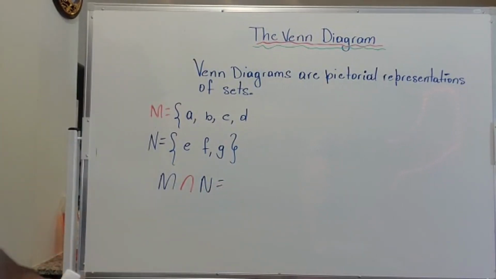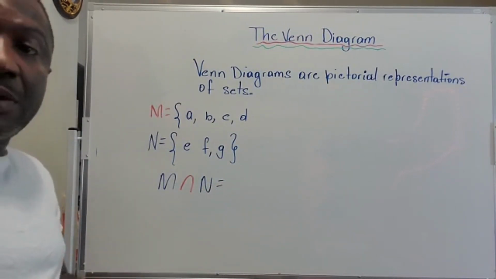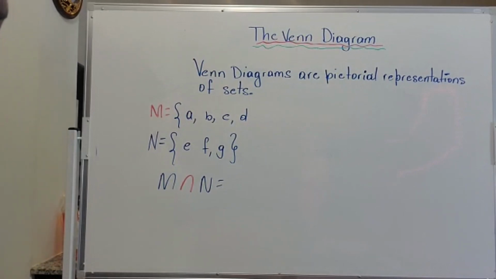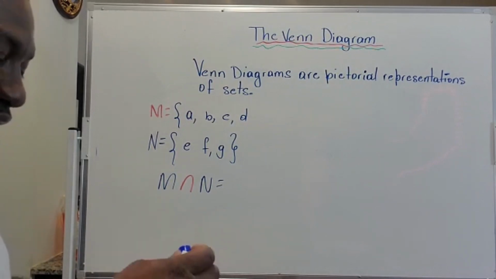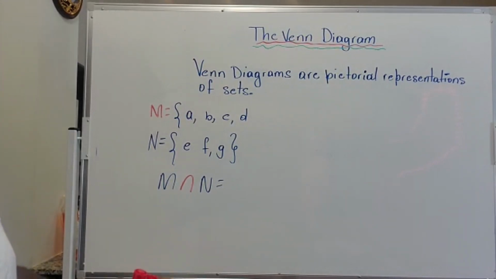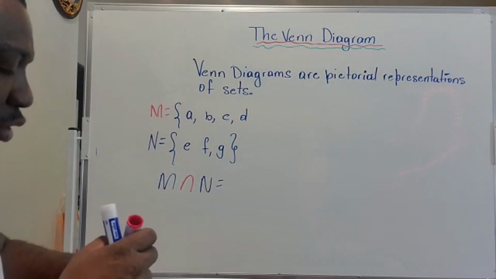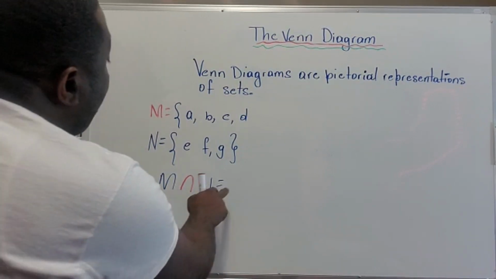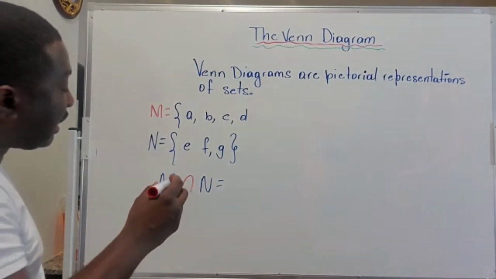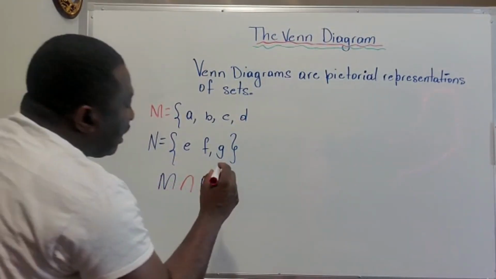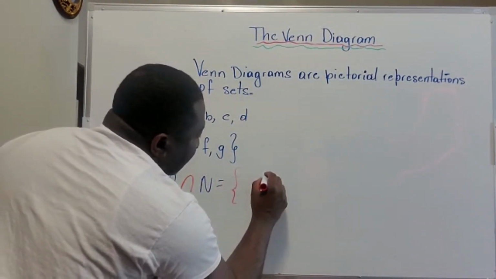Is there a common element between M and N? Do we see any common element? The answer is no. So there is no common element. Therefore, what we can say is that M intersecting N is an empty set.